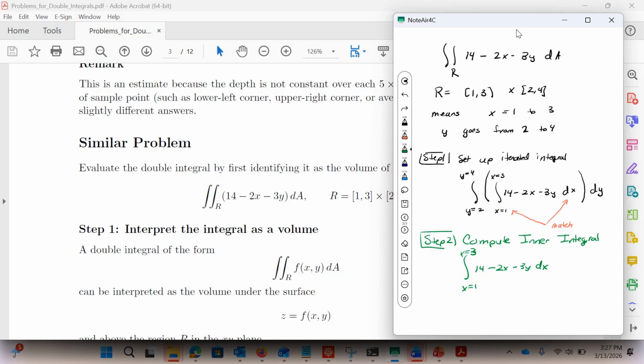If you let your reader know I'm doing the inner one first, they'll be able to track it. So I get 14x minus 2x squared over 2 minus 3yx. I hold the y fixed as if it was a constant, and I plug in x equals 1 to x equals 3.